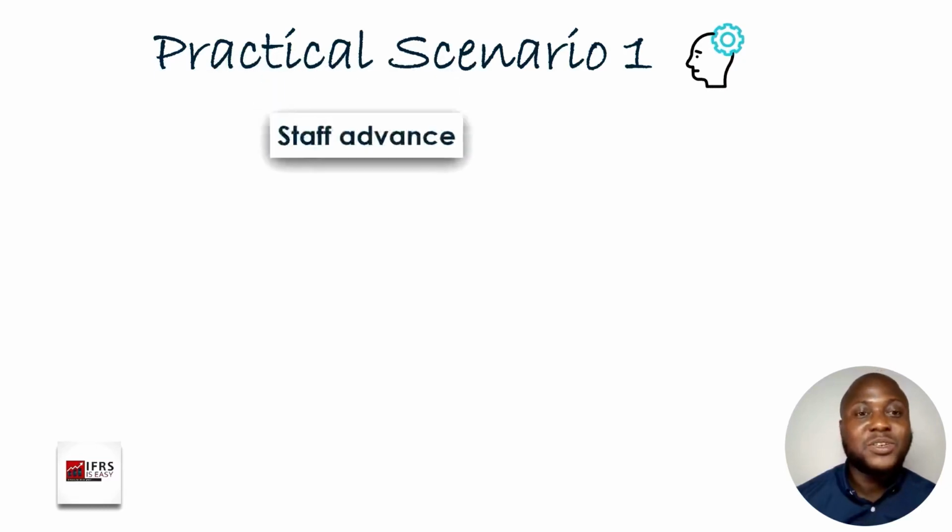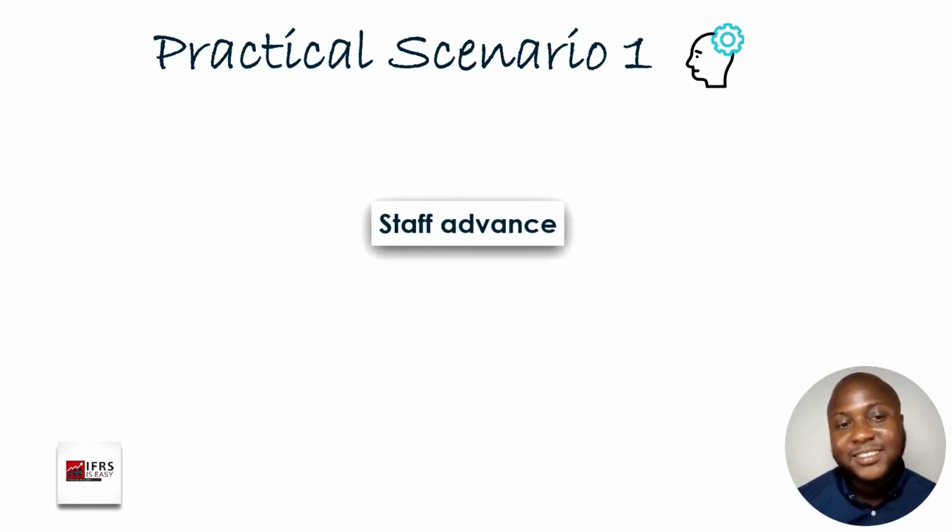Now, this next one, you try it: a staff advance. A staff advance simply means that you, as a company, have given out cash to your employee. For example, in consulting, many times we have clients that are located outside our location. So we go there, we spend some nights, pay for some hotels, buy some dinner and the rest. All those expenses, we accumulate on behalf of our company.